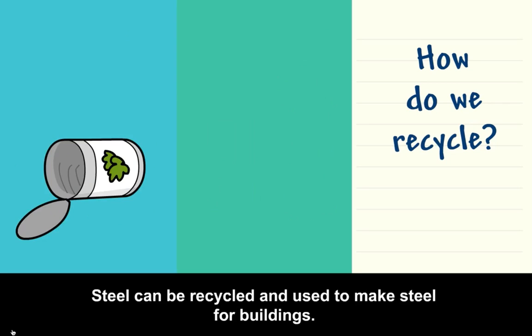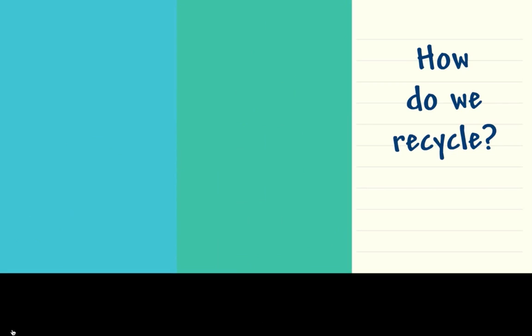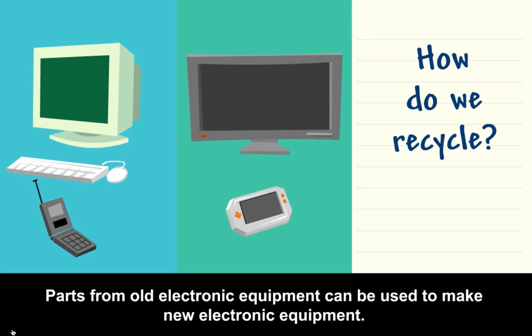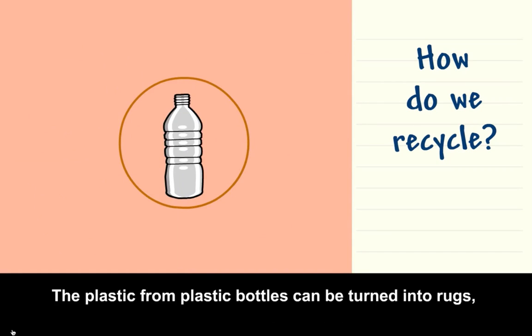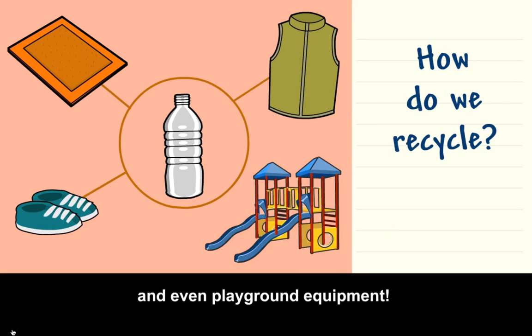Steel can be recycled and used to make steel for buildings. Parts from old electronic equipment can be used to make new electronic equipment. The plastic from plastic bottles can be turned into rugs, shoes, clothing, and even playground equipment.